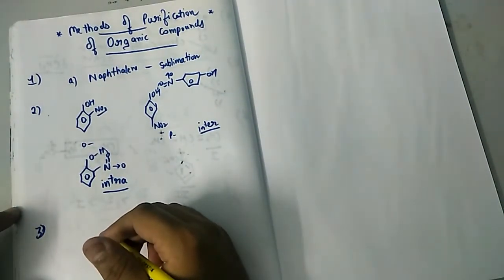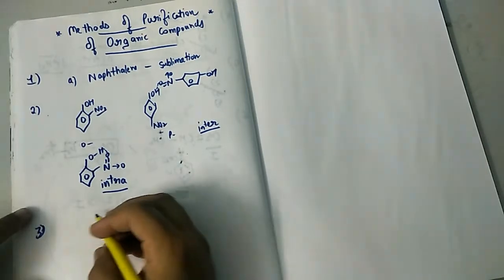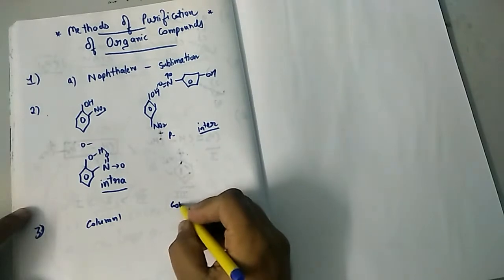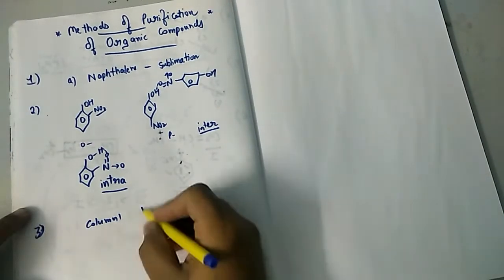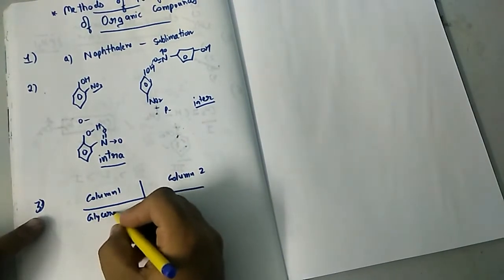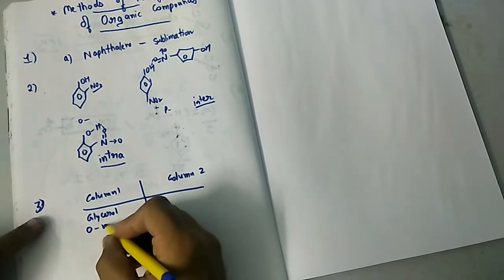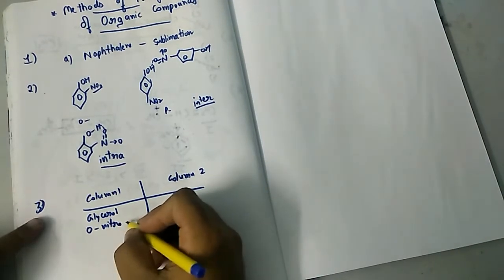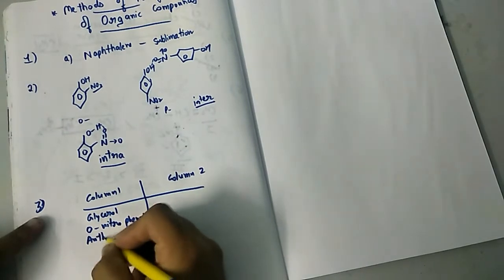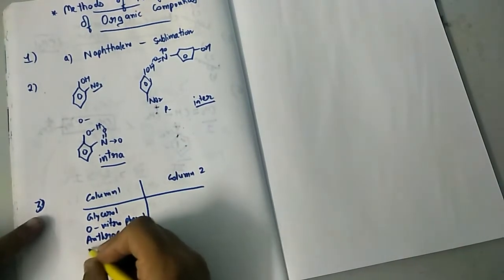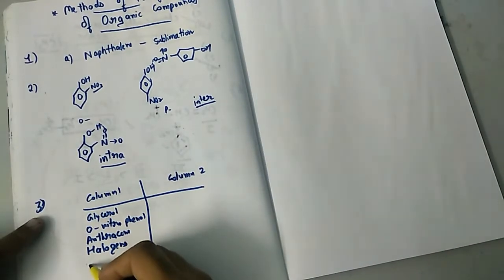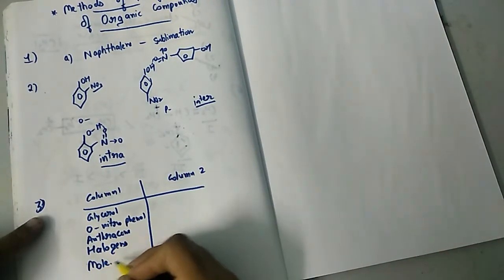Question number 3. Column 1, column 2, this is a matching question. Now we have to match. First is glycerol, second is orthonitrophenol, third is anthracene, fourth is halogens, and fifth is molecular weight.